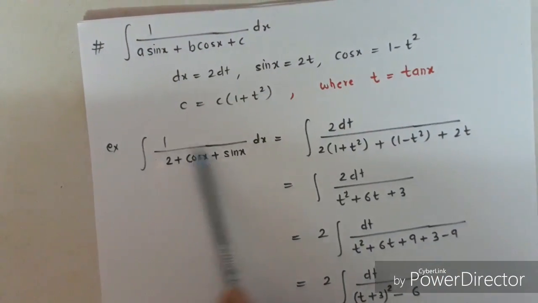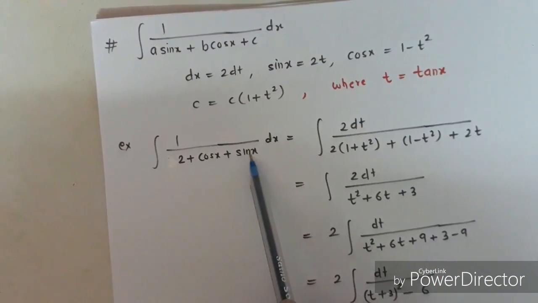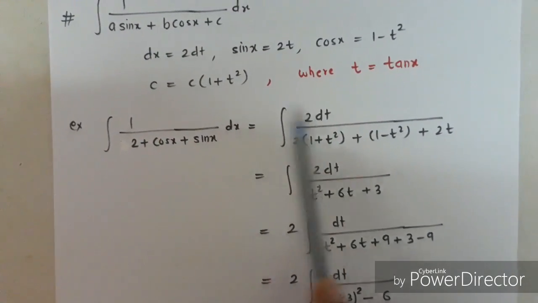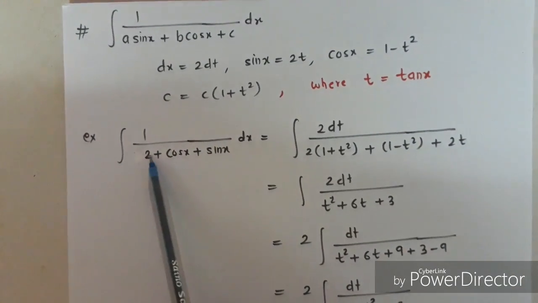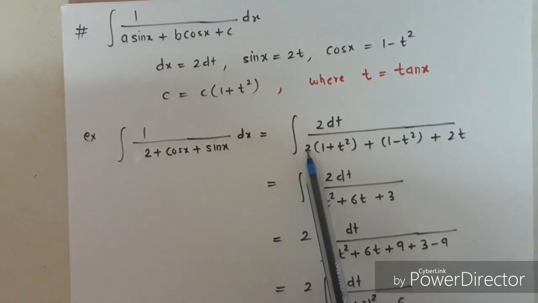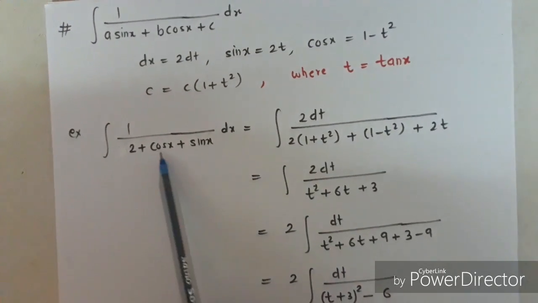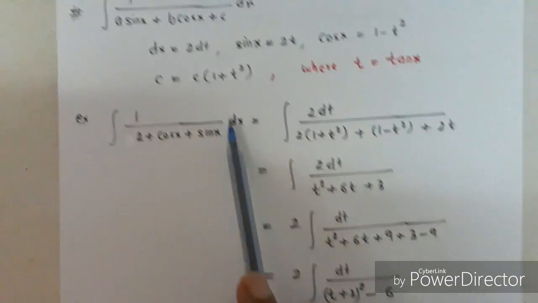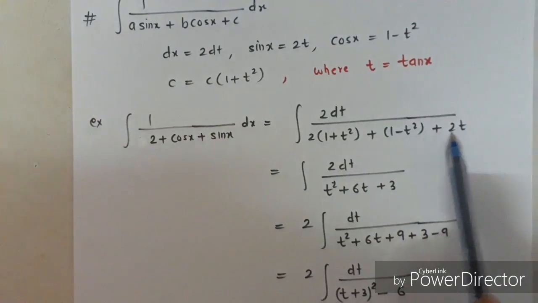Take an example, 1 by 2 cos x plus sin x dx. So what we do, this dx we replace it by 2 dt, constant 2 is replaced by 2 into 1 plus t square, cos x is replaced by 1 minus t square, and sin x is replaced by 2t.